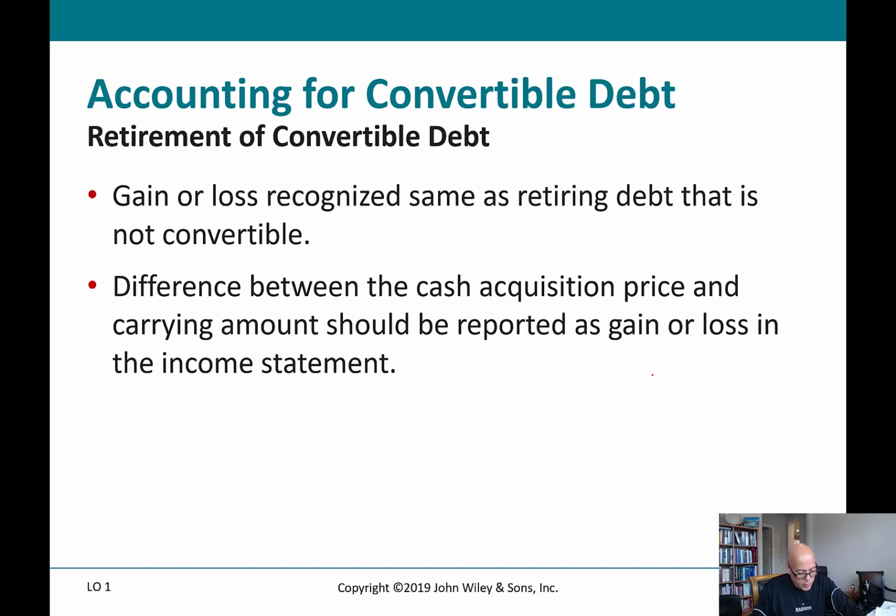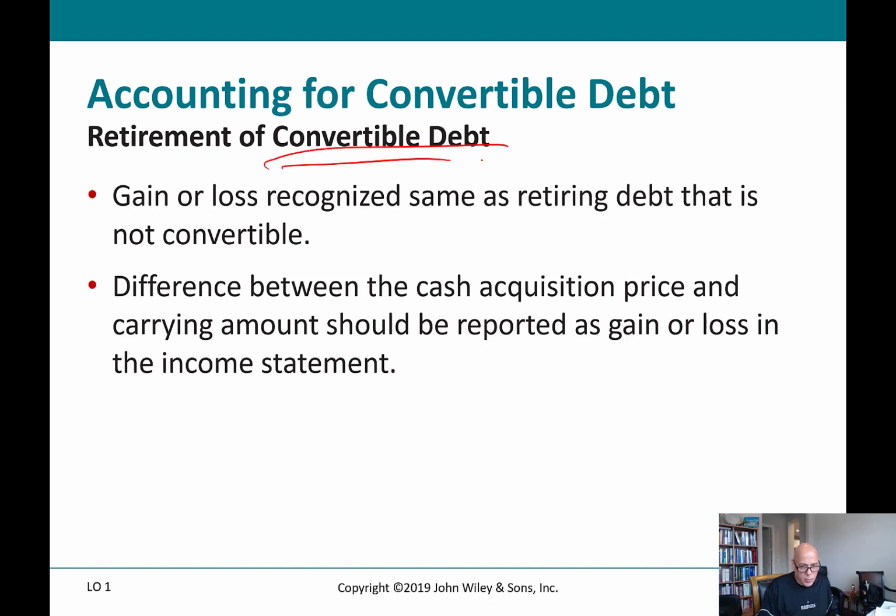Okay, good. Let's go ahead then and take a look at what happens now if we have a retirement of debt. And they say retirement of convertible debt here, as though convertible debt upon retirement would be treated any differently than the non-convertible debt that could be retired before maturity.